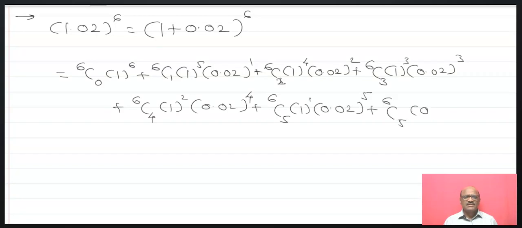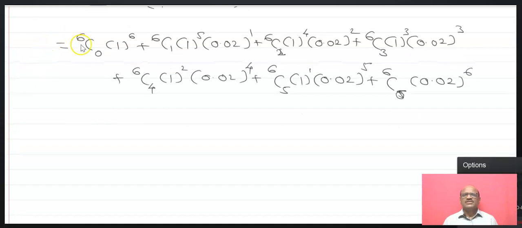See this here. 6c0 1 raised to 6, 6c1 1 raised to 5 into 0.02 raised to 1, 6c2 1 raised to 4 into 0.02 raised to 2, 6c3 1 raised to 3 into 0.02 raised to 3, 6c4 1 raised to 2 into 0.02 raised to 4, 6c5 1 raised to 1 into 0.02 raised to 5, 6c6 0.02 raised to 6.